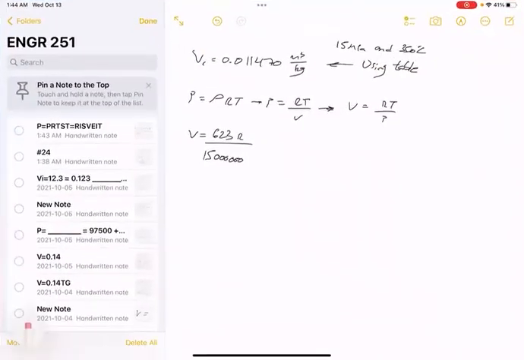Just going to bring it up on the other screen there. 0.4615. So I'll just leave a note. If I can get the pencil going here.